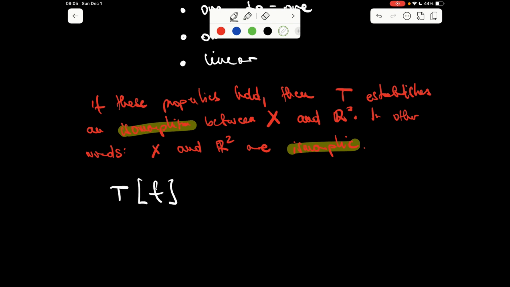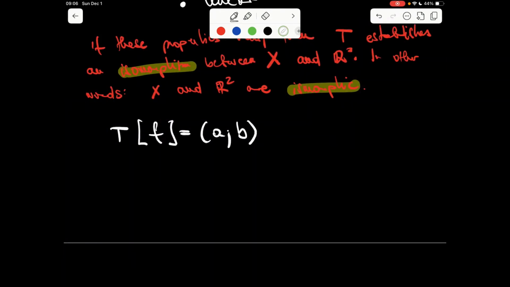So let's have the mapping in this form. What does it mean?